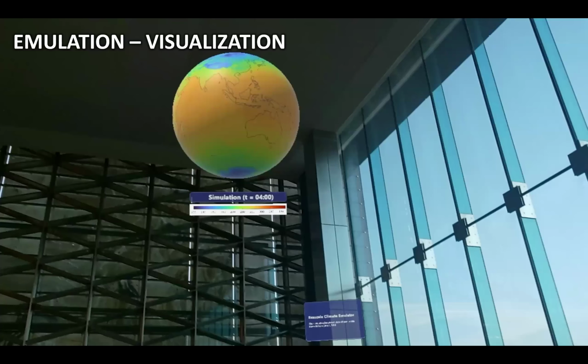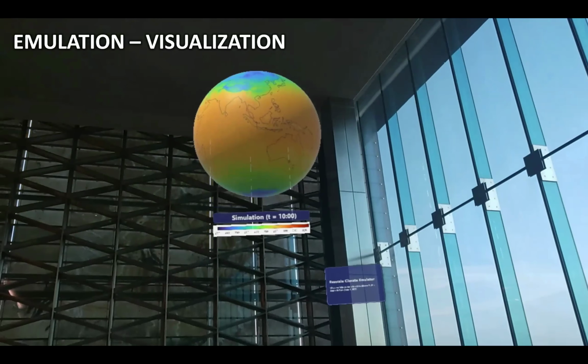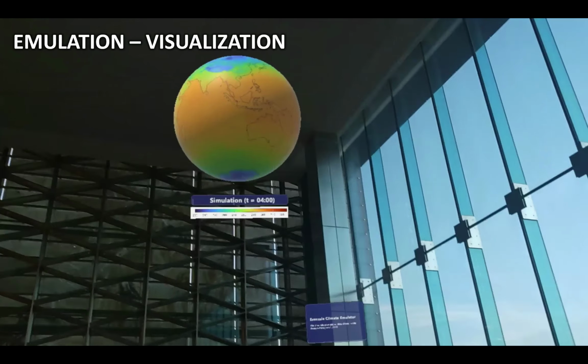Here, this is just an illustration that was developed by the KAUST visualization team. So I will first show the simulation, and then we will also show the emulation. When we presented this in the conference, we had these 3D glasses as well, so you could really see the 3D. But here we don't have 3D.